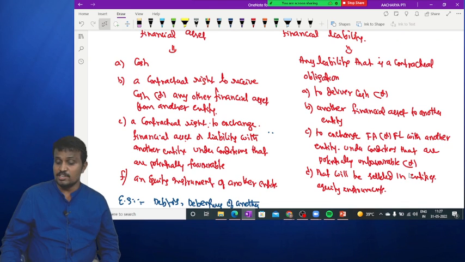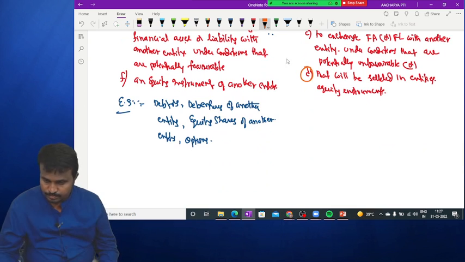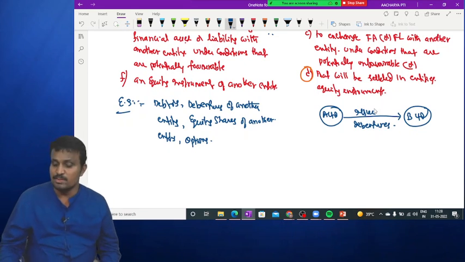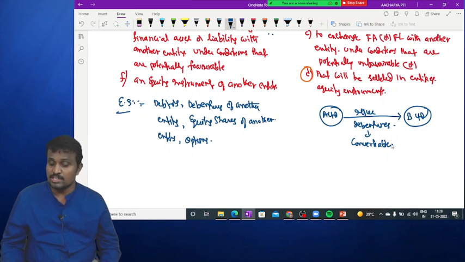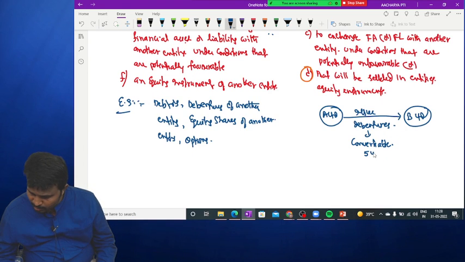The meaning is, for example, A Limited and B Limited are there, and A Limited issues debentures to B Limited, and these debentures are nothing but what? Convertible debentures, and as per the agreement, the conversion is to happen after 5 years.